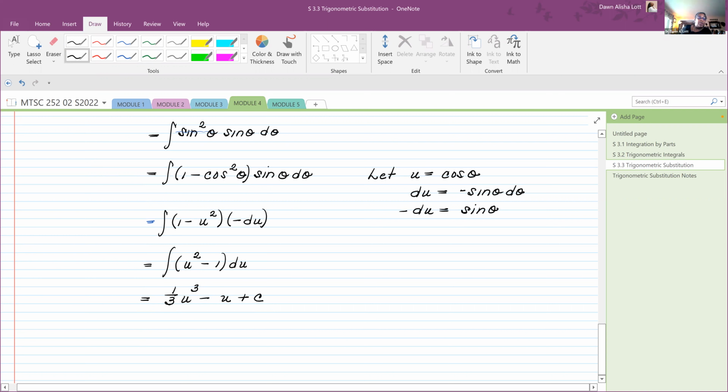Now I know it feels like we're done because we put that plus c, but we're not. We have to take that u and put the theta back in. So this becomes 1/3 the cosine cubed of theta minus the cosine of theta plus a constant.